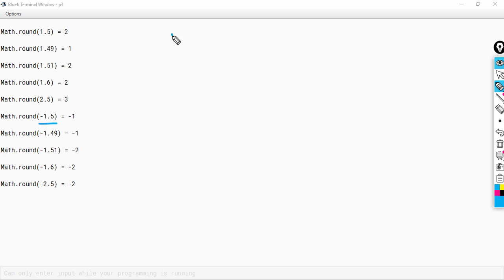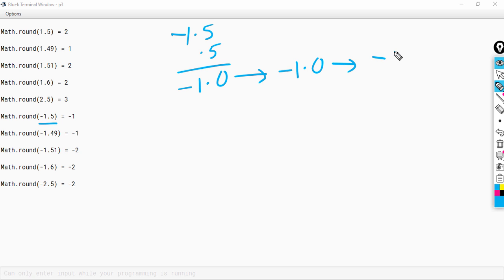So minus 1.5, we are going to do the same process. We will add 0.5. So the answer is minus 1.0. Minus 1.0, its floor value is minus 1.0. So its integer value is minus 1. So the answer is minus 1.